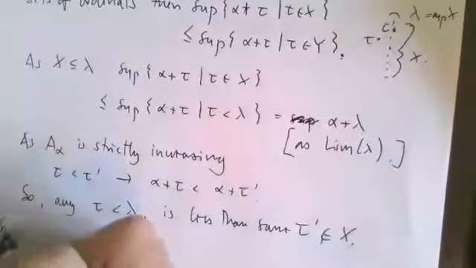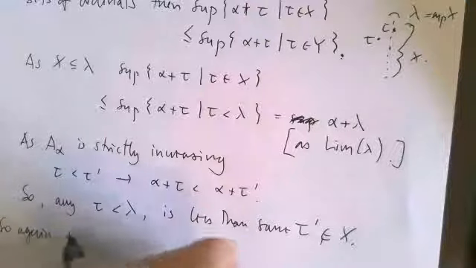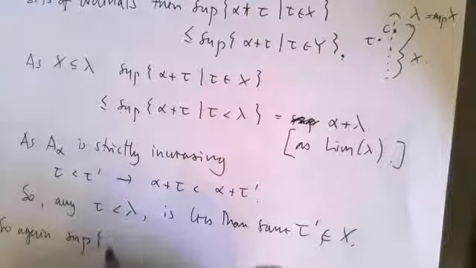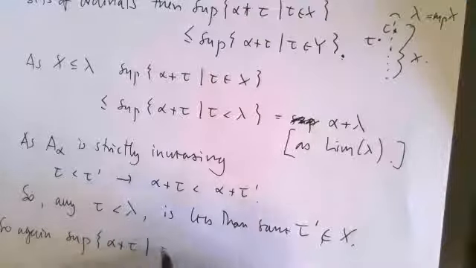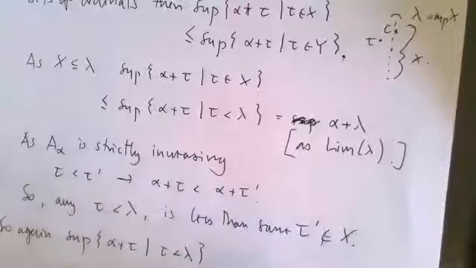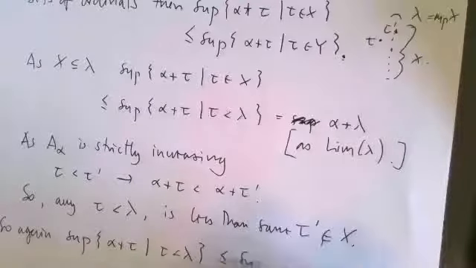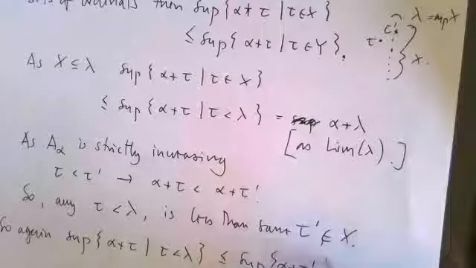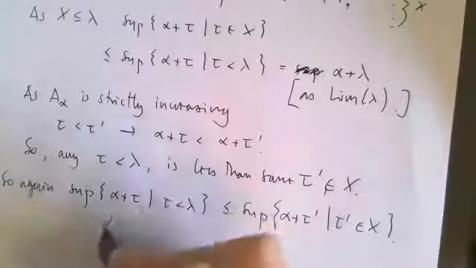So again, the supremum of the alpha plus tau for tau less than lambda is less than or equal to the supremum of the alpha plus tau prime for tau prime in X. And again, this is alpha plus lambda.